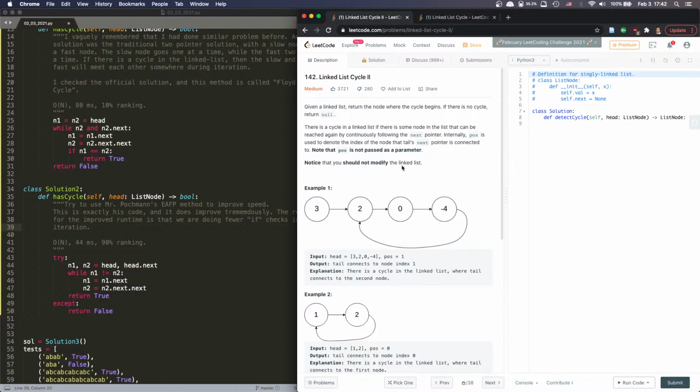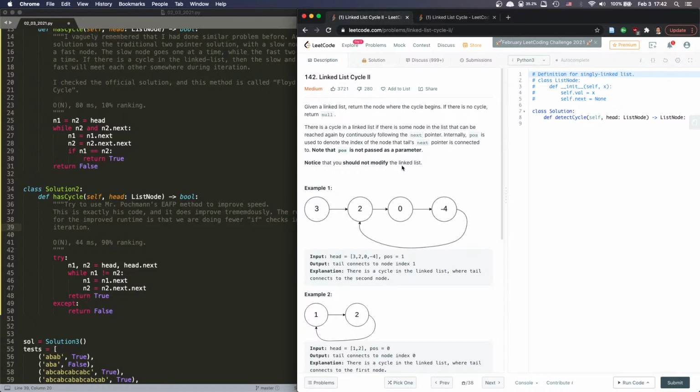When the slow node gets here, the fast node can be anywhere in the loop. As the slow node moves forward, the fast node is chasing, closing down the distance one at a time, so it will catch up.